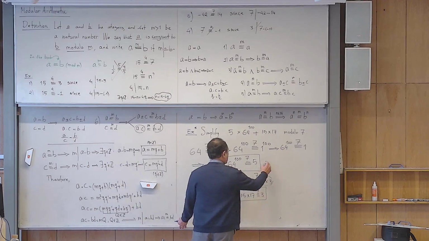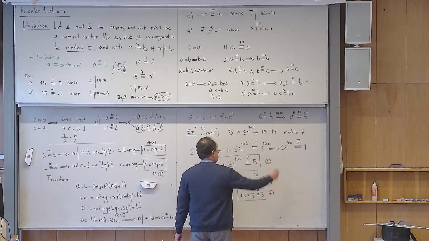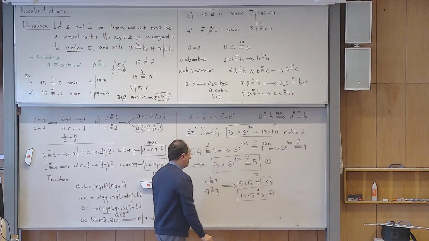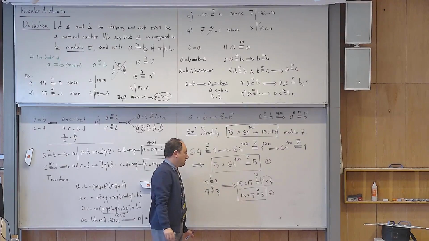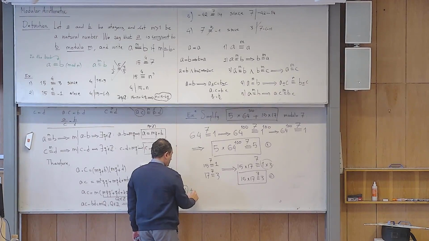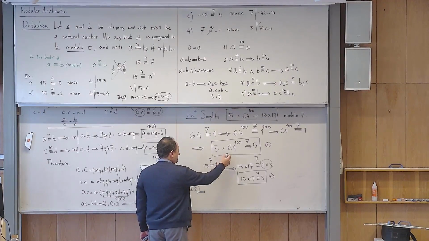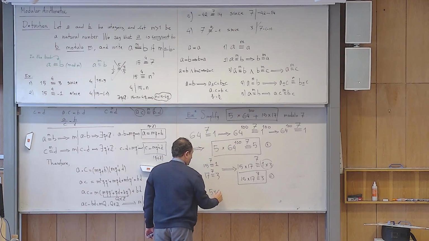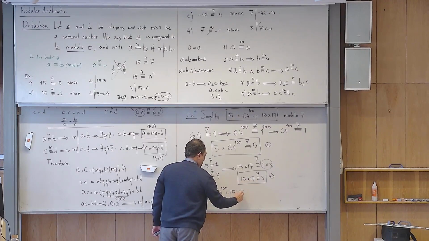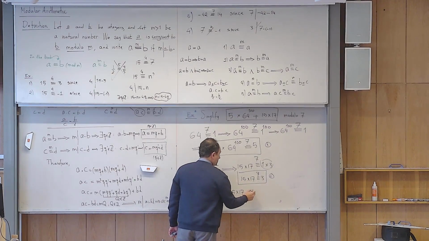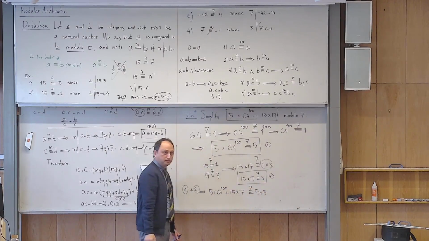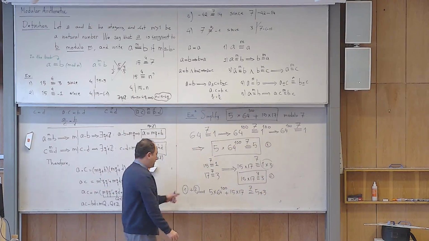Okay, now let me call this one number 1, let me call this one number 2. I want to have this construct. So it motivates me to add them, yes? Am I allowed to add them? So from 1 added to 2, I can conclude that this number plus this number, yes, is congruent to this number plus that number modulo 7. Okay? Am I allowed to do this?